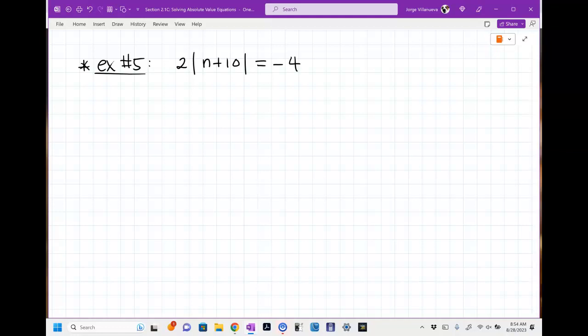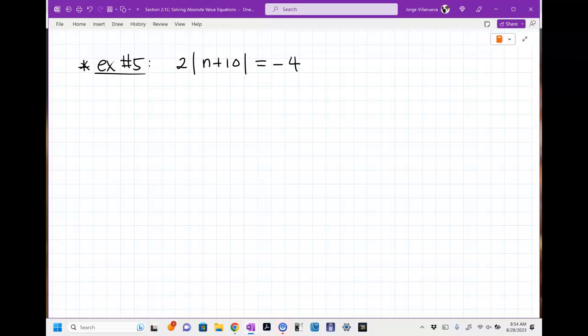So, example number 5. 2 times the absolute value of n plus 10 is equal to negative 4. All right, so I can't have the absolute value have things next to it.